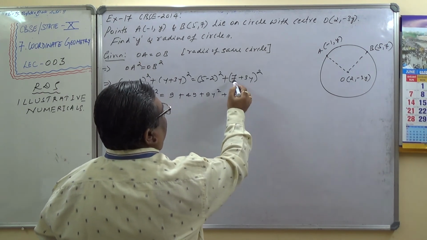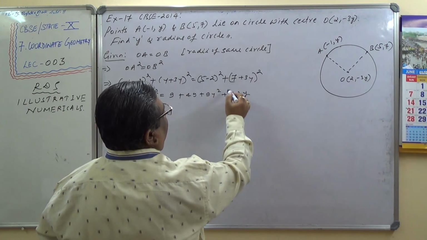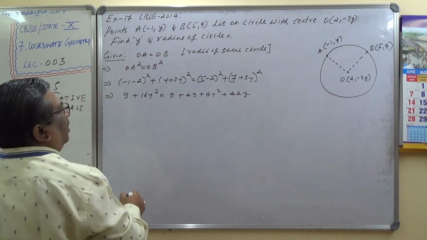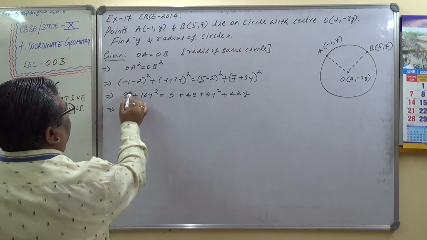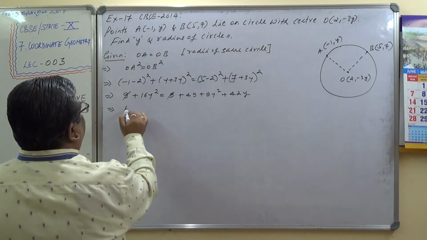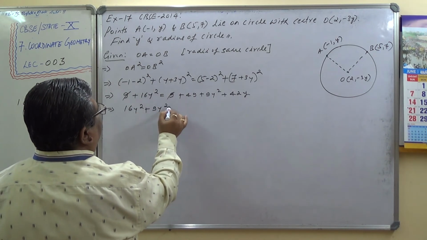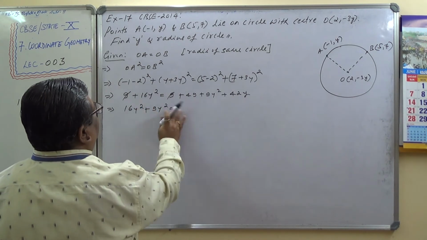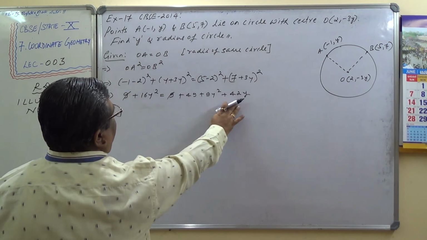Check it. 2 into 7 into 3, 7 into 3 is 21, 21 into 2, 42y. I think 42y, and 9 cancels here. So 16y square plus 9y square.